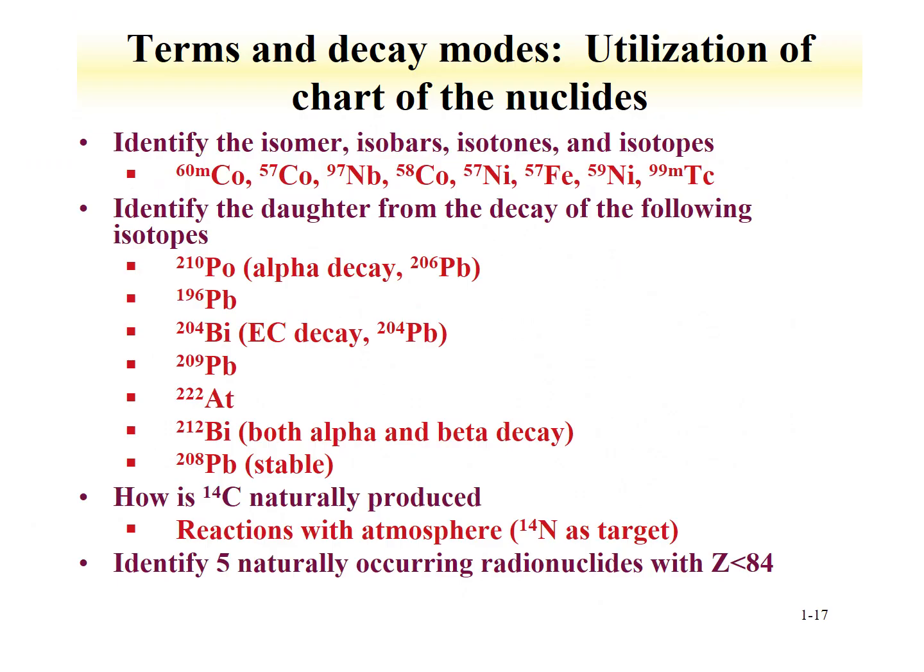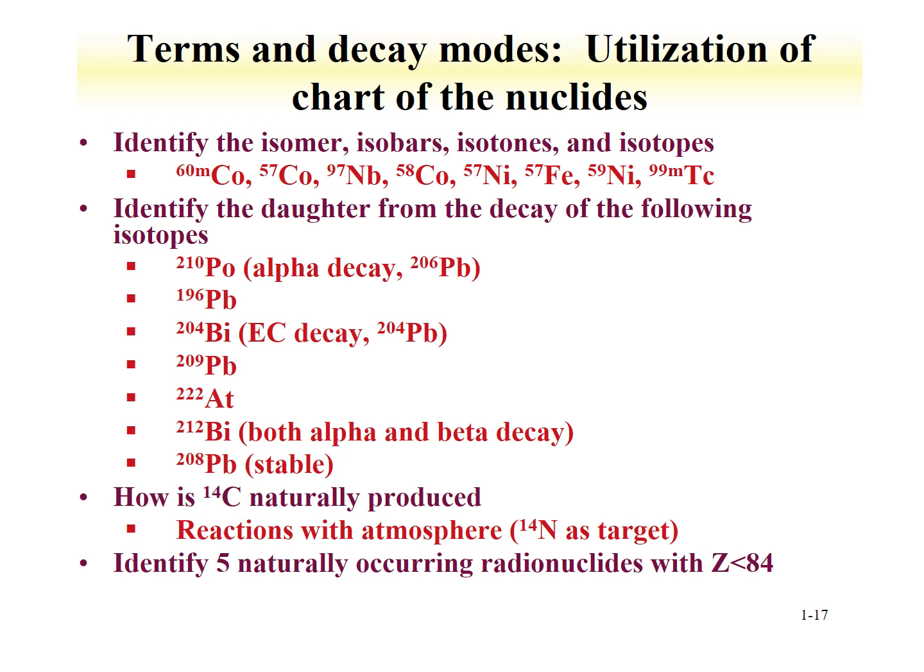Okay, so based upon what we've discussed already on the chart of the nuclides, you should be able to identify isomers, isobars, isotones, and isotopes. For instance, isobars here, we could say that nickel-57, iron-57, cobalt-57, those are isobars of 57.